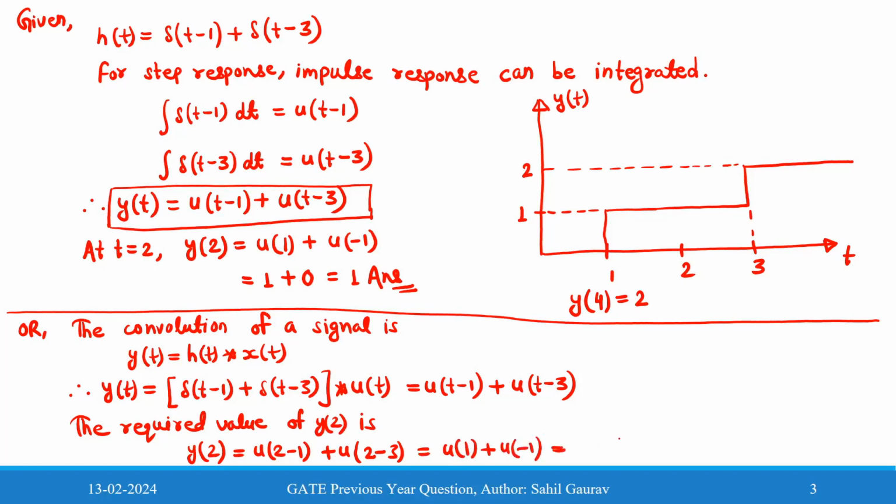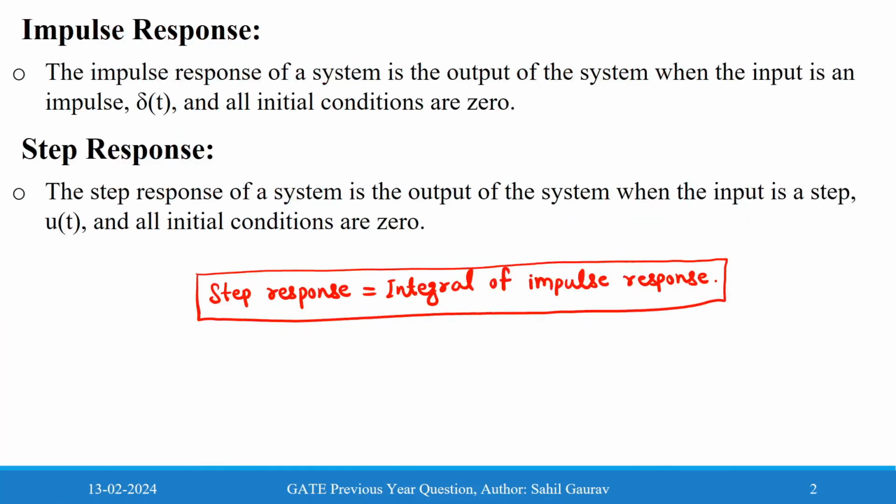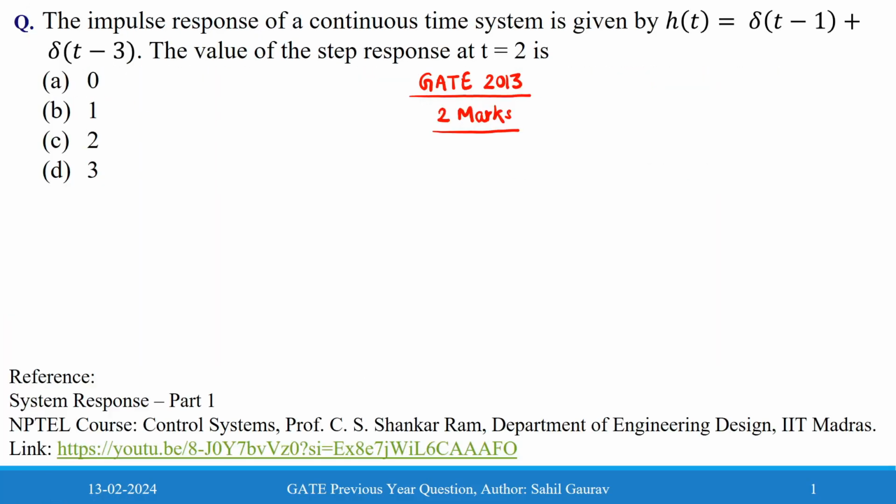We know that u(1) is 1, and for negative input, the output of a step input function is 0. So the correct answer will be 1. So either way you can get the answer. Now we will match with the options, and here we can see that only one option is matching, that is B. So B is the correct answer. That's all. Thank you.